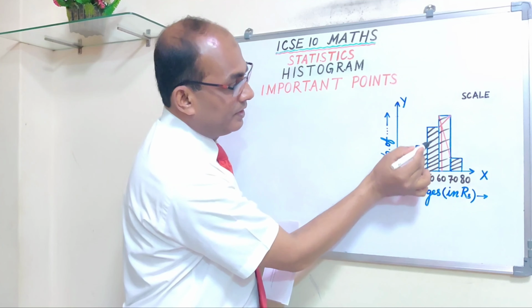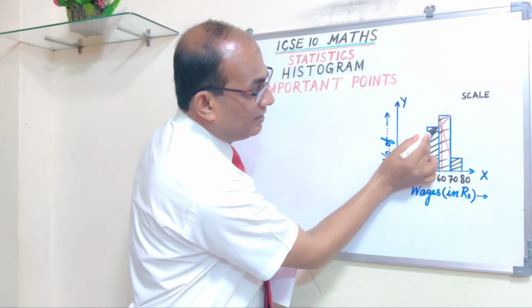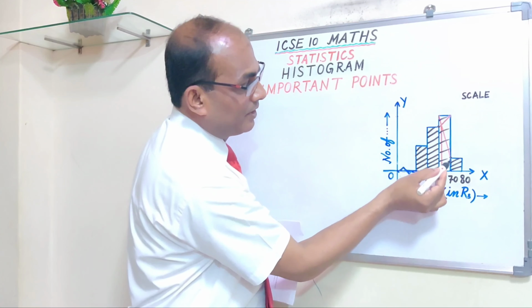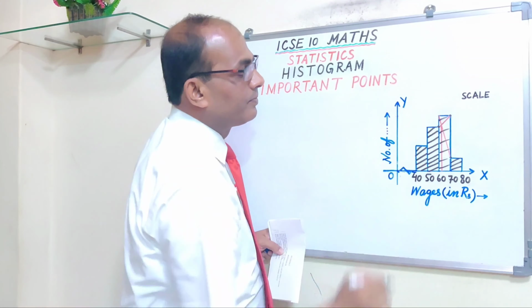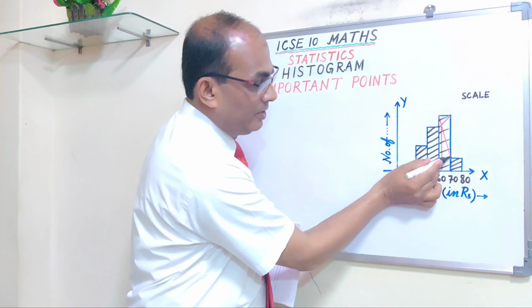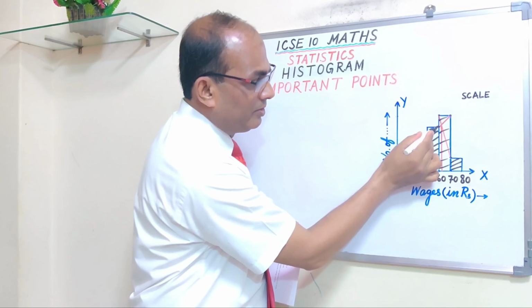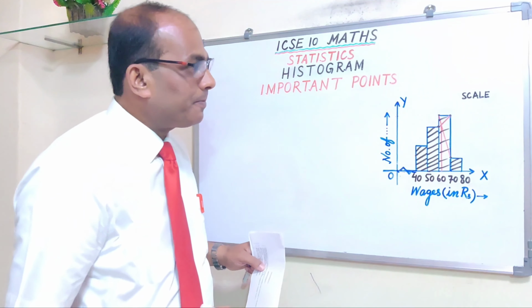I've joined. Now, before this, see this rectangle, this right corner, and this right corner. I think you understood. From here, you join this corner to this corner, and from this corner to this corner. Alright?